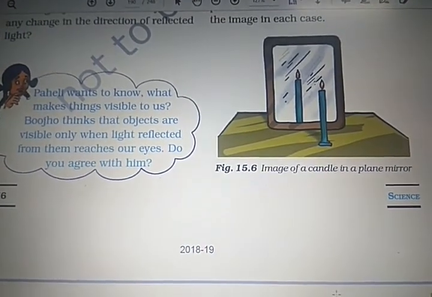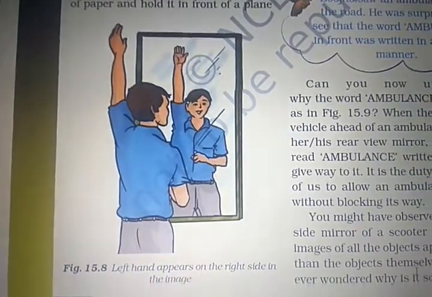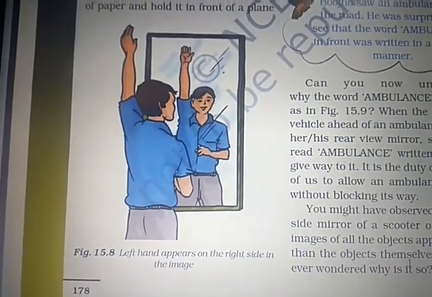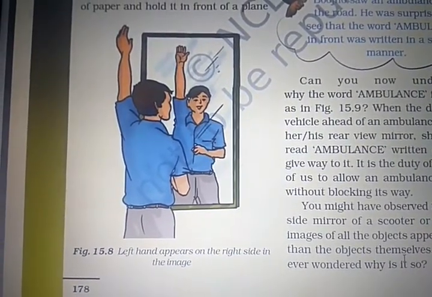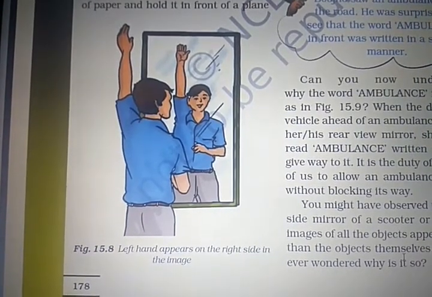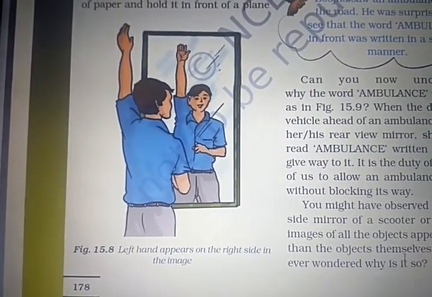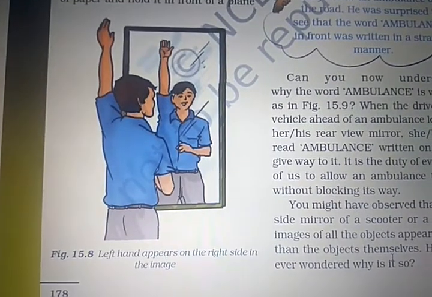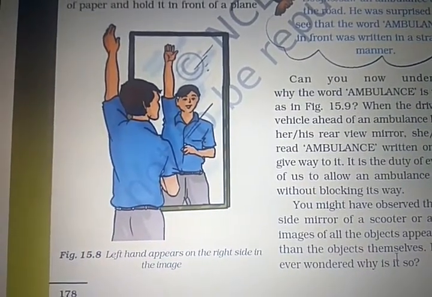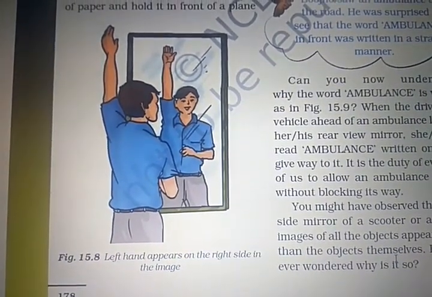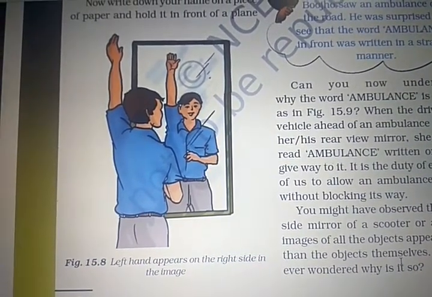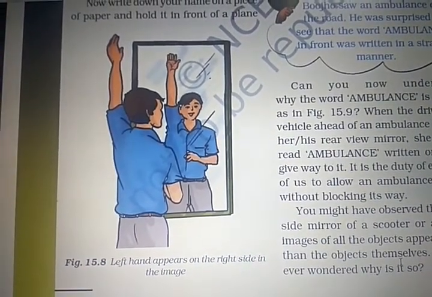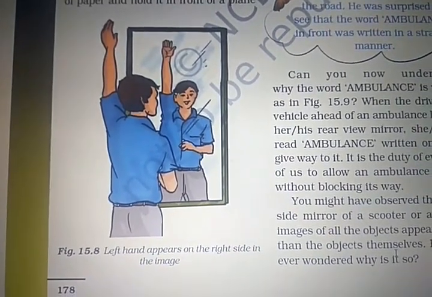Means lateral image means what? Left hand appears on the right side in the image and right hand appears on the left side in the image. So when you write with your right hand, when you see this image in the mirror, it appears that you are writing with the left hand.